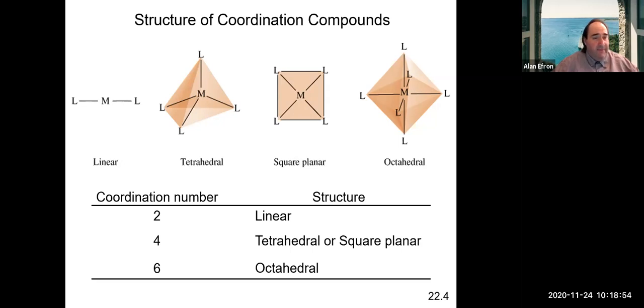A coordination number of 4 is like 4 electron pairs, which is tetrahedral. Also square planar, for your expanded octet, is where we come across that one. A coordination number of 6 refers to 6 electron pairs, which is very similar to octahedral in terms of its geometry.